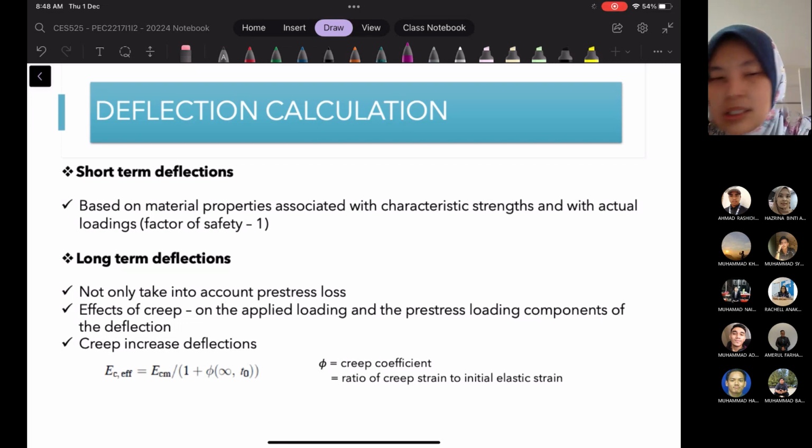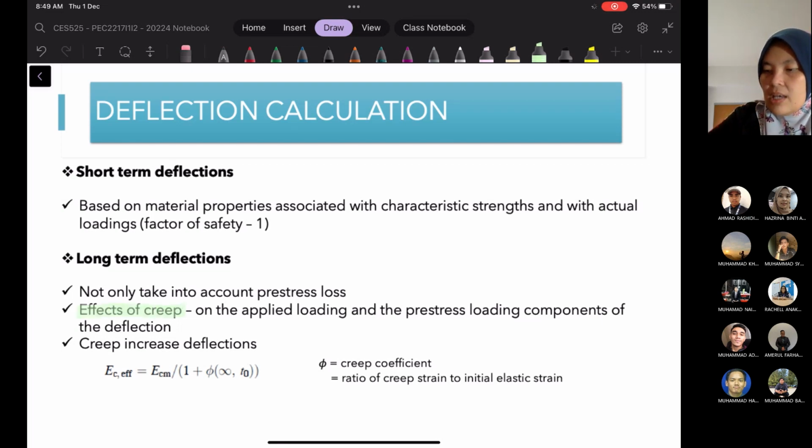Okay, right. So for long-term deflections, not only do we take into account the pre-stress loss, but we also have to consider the effects of creep, right? Okay, so effects of creep on the applied loading and the pre-stress loading components of the deflections. Okay, so when we talk about creep, basically this is another type of deformation, right? Okay, dia bukan failure, tapi it is another type of deformation.